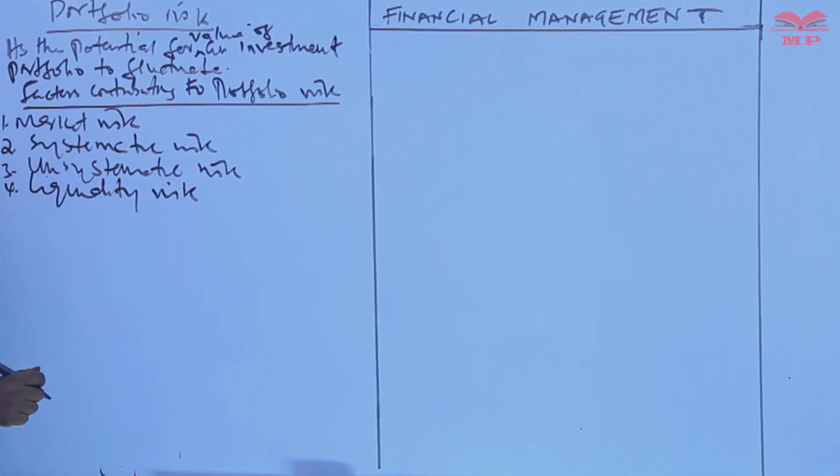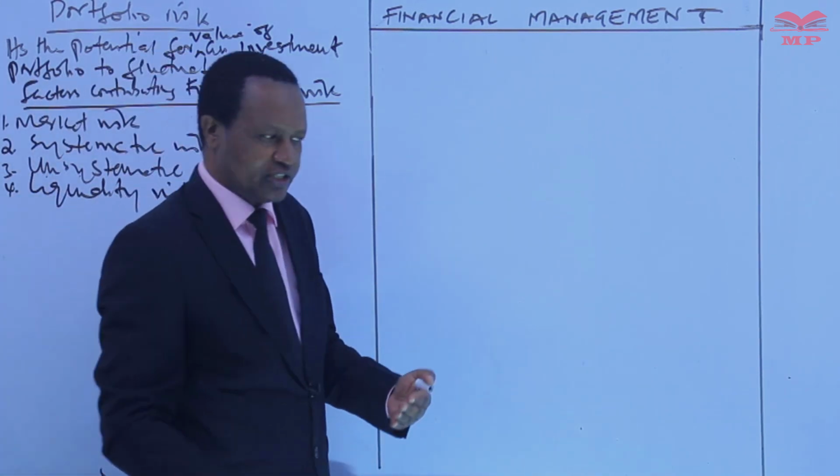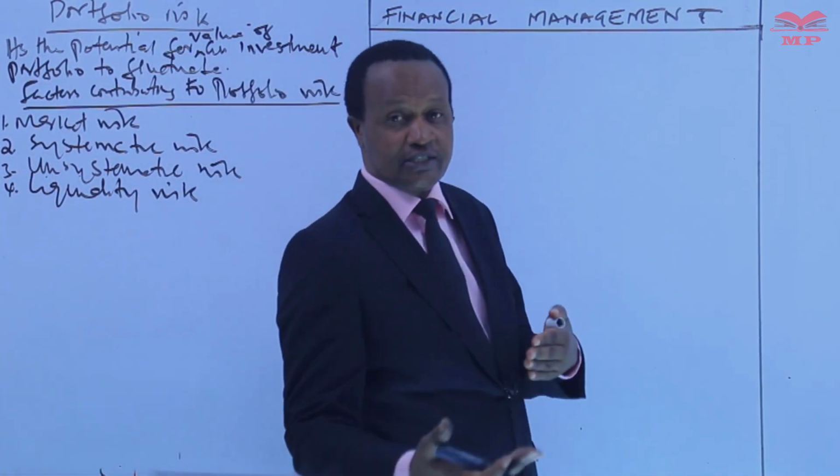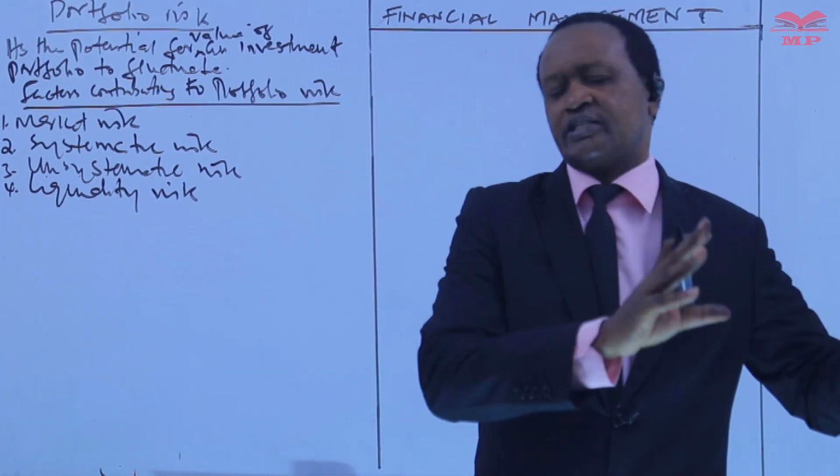Now, liquidity risk arises when it's difficult to buy or sell an asset quickly without significantly impacting its price. There are times when an asset, it can be a share or a bond or any other asset, may be difficult to sell.